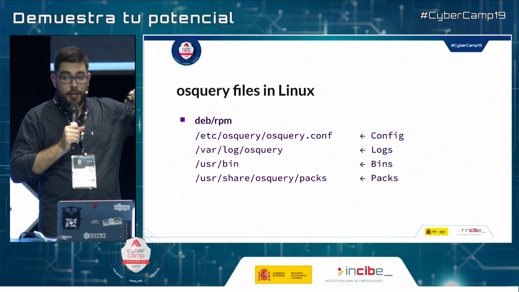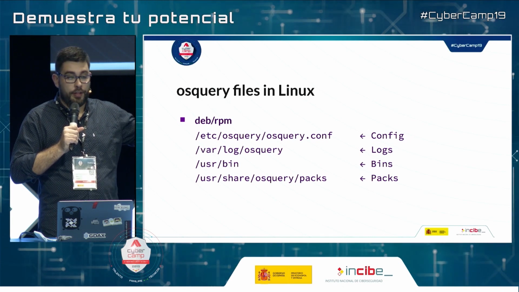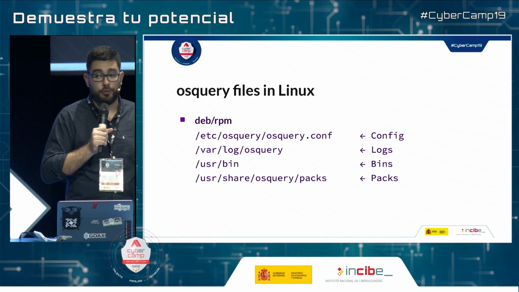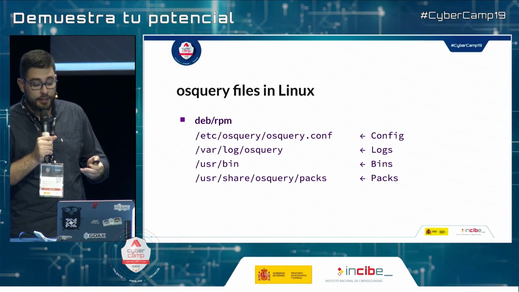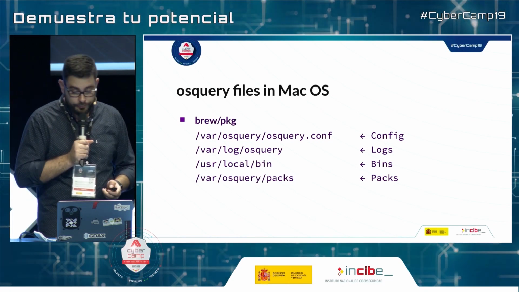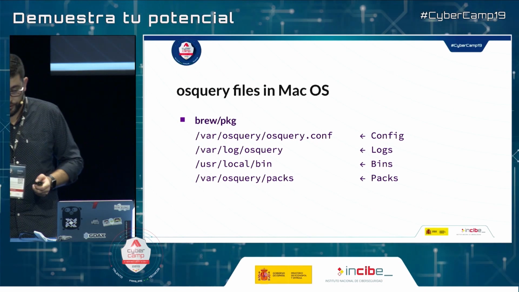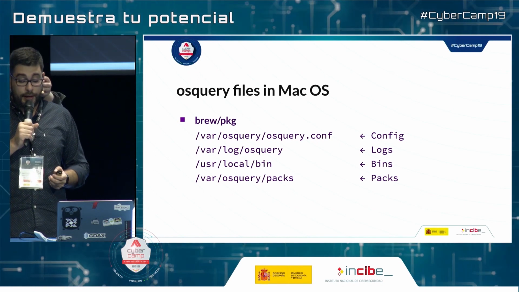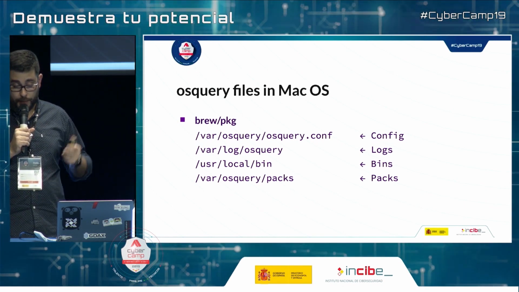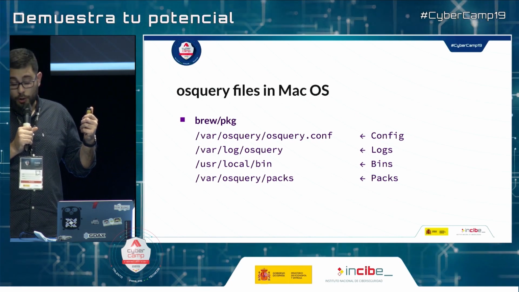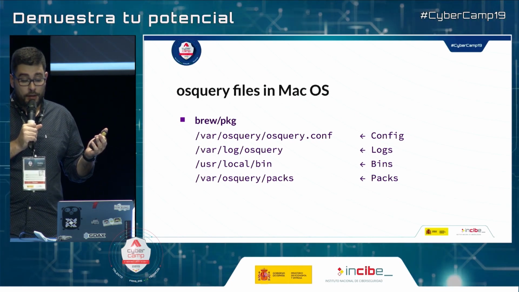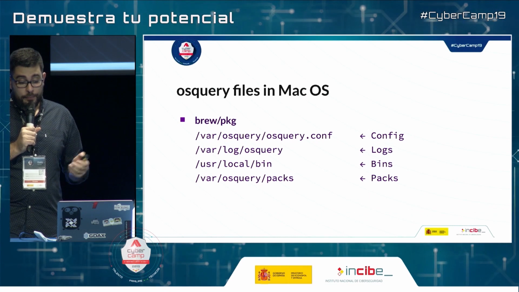These are sets of queries that you can read as if it were an antivirus. It searches for very interesting information. So, as I mentioned before, it would be the same in these Mac systems.